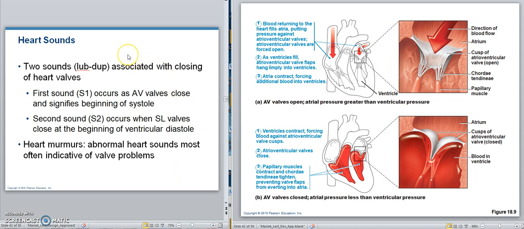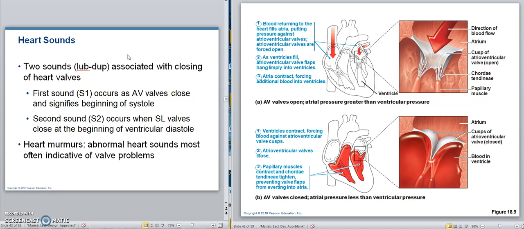Okay, so we listen to heart sounds. We take the stethoscope, we put it on your chest. Now, just to digress a moment, the only things we have in physical exam are four things: auscultation, percussion, palpation, and visualization. Let's do it again.